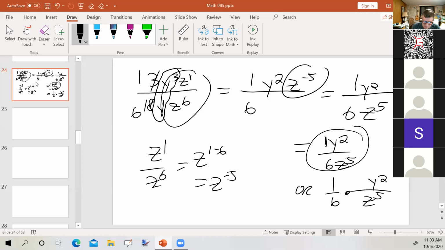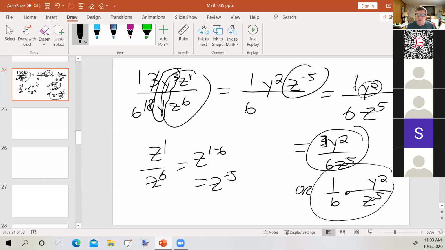So you'd have to experiment with that, because technically you don't need the 1 there. If you write it in this form, you do need the 1 there. As long as there's something else on top, you don't need the 1 there. It's implied. All right.